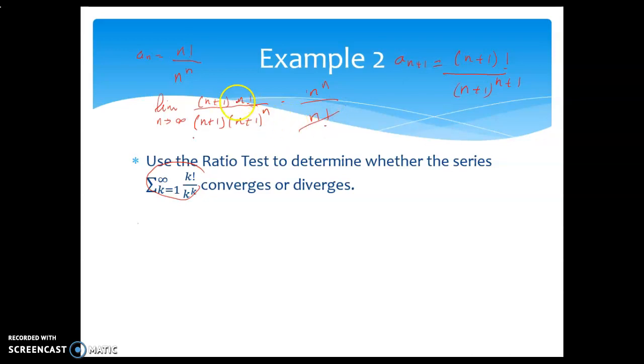So the n factorial cancels out, and n plus 1 cancels out.